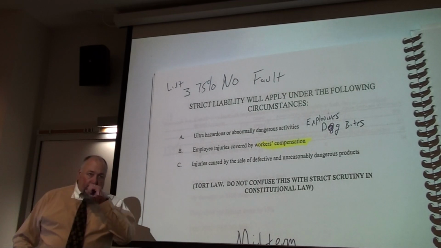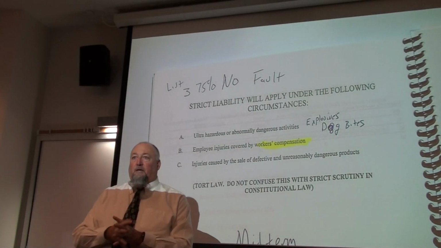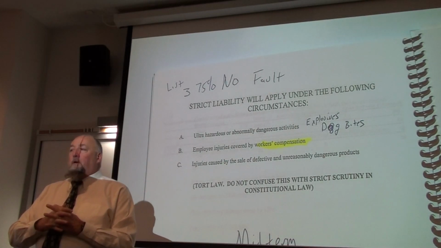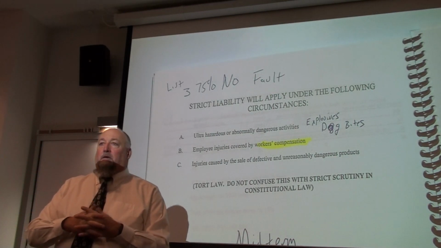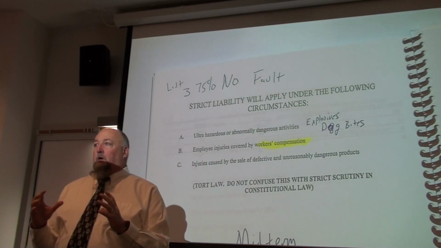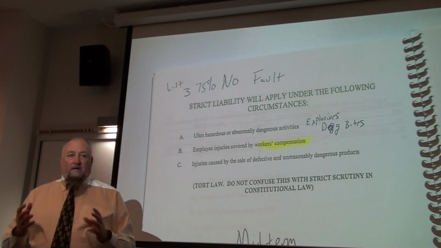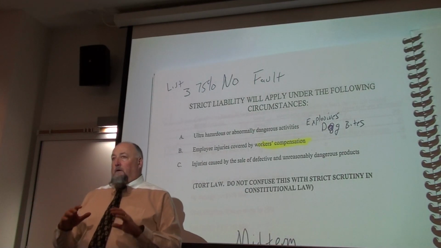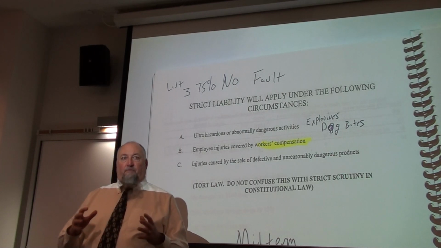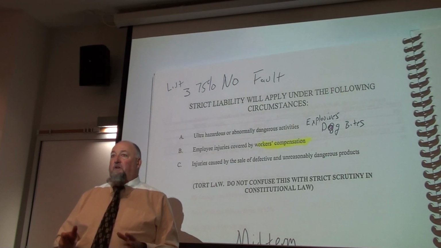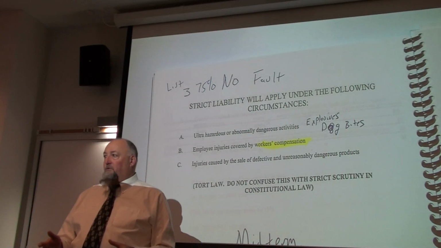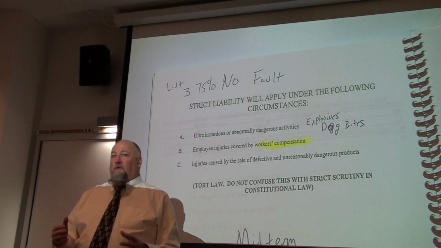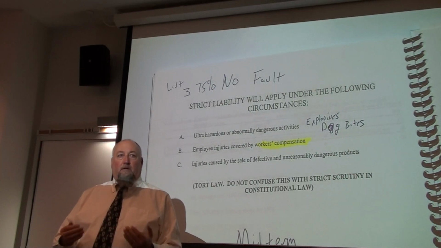Essentially, when we talk about strict liability, we are referring to the idea that if you are responsible for an activity, and this will all be set forth in some very specific law, either a statute or an administrative rule of some type, that mandates strict liability.